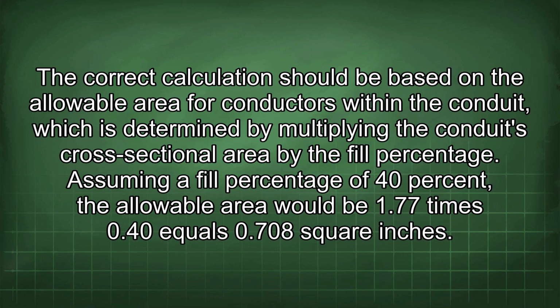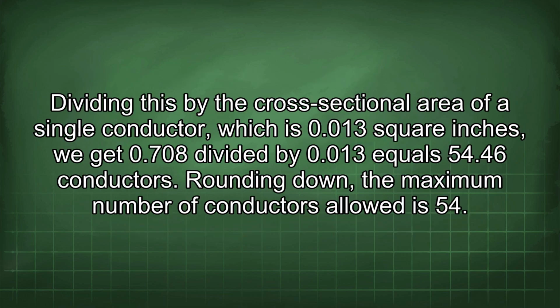Assuming a fill percentage of 40%, the allowable area would be 1.77 times 0.40 equals 0.708 square inches. Dividing this by the cross-sectional area of a single conductor, which is 0.13 square inches, we get 0.708 divided by 0.13 equals 54.46 conductors. Rounding down, the maximum number of conductors allowed is 54.